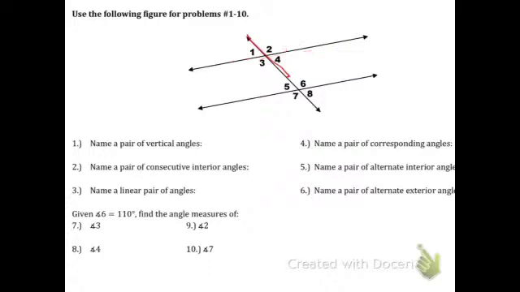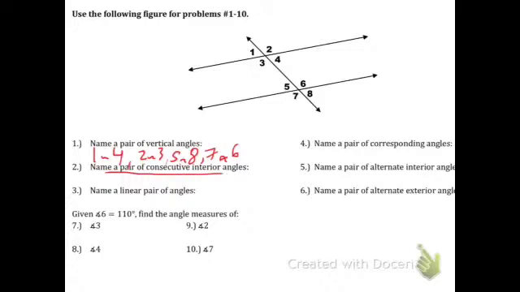Those are vertical angles. And so I'm going to list them all: 1 and 4, 2 and 3, 5 and 8, and 7 and 6.